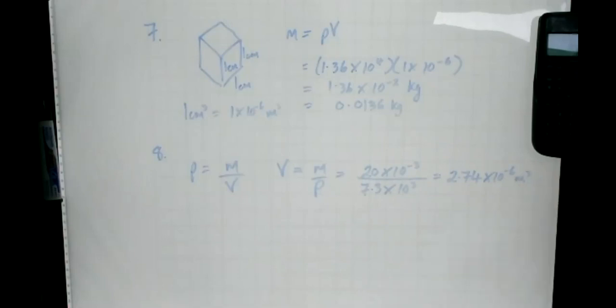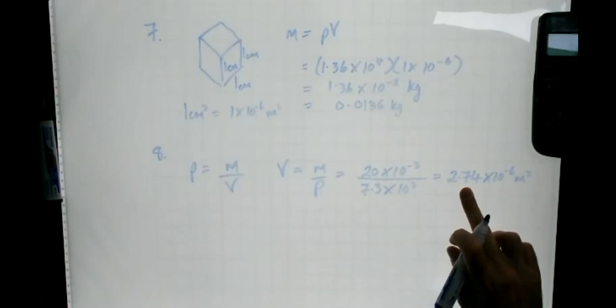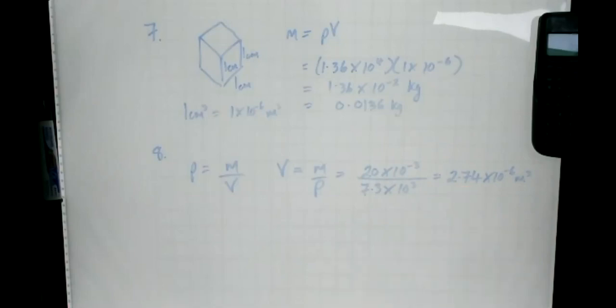So that's the volume of the tin. Now the thickness is 2 by 10 to the power minus 6 meters.